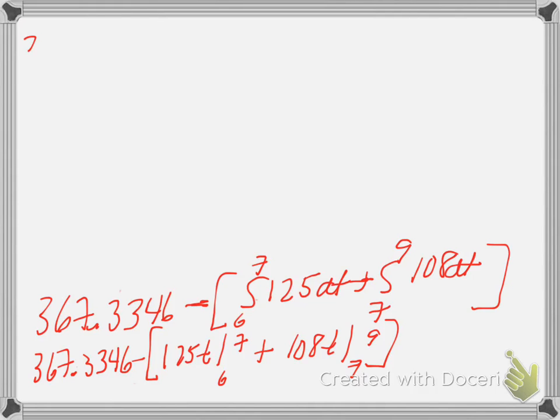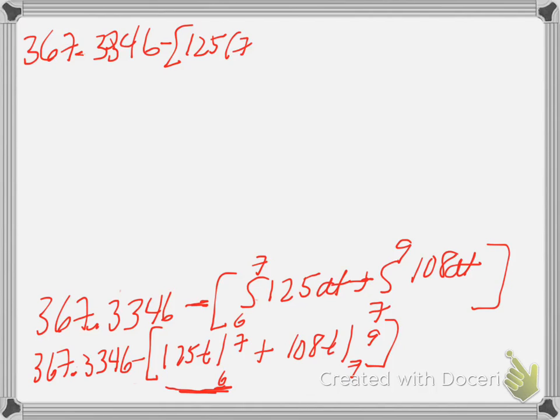Okay, so we still have 367.3346 minus. Now over here we have to substitute in the 7. So we're going to get 125 times 7 minus, now you have to put the 6 in, 125 times 6.